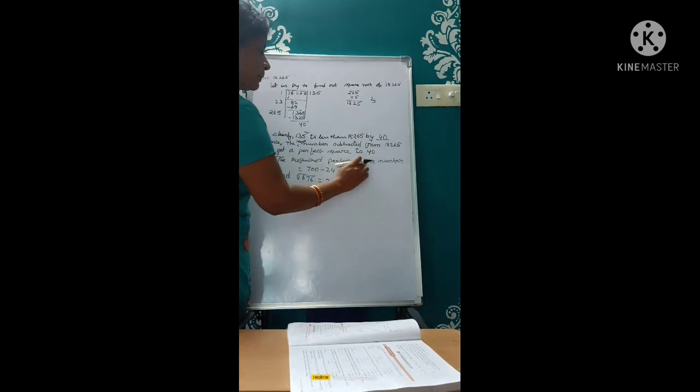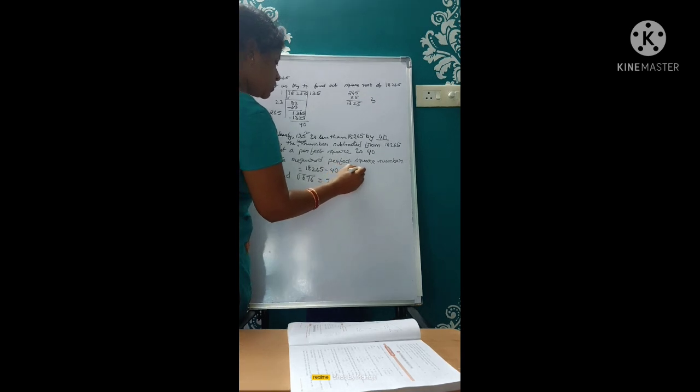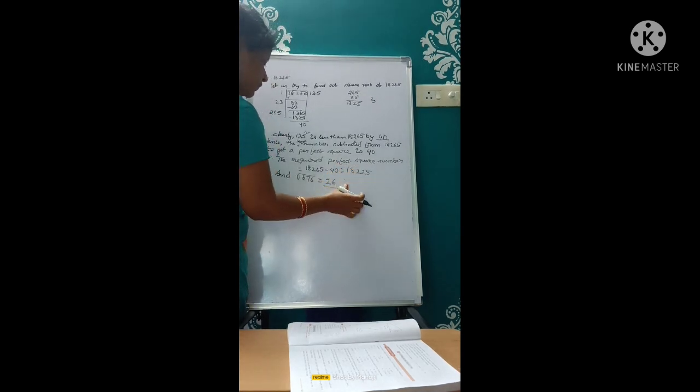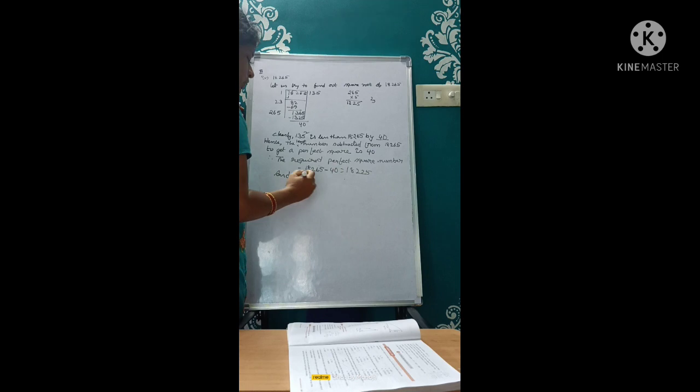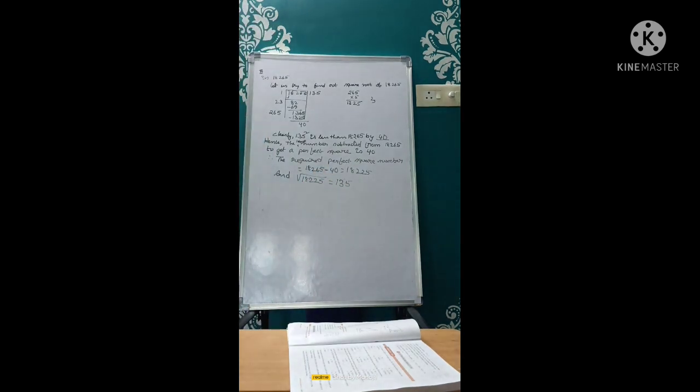Therefore, the required perfect square number equals 18,265 minus 40, which equals 18,225. Therefore, root over 18,225 equals 135.